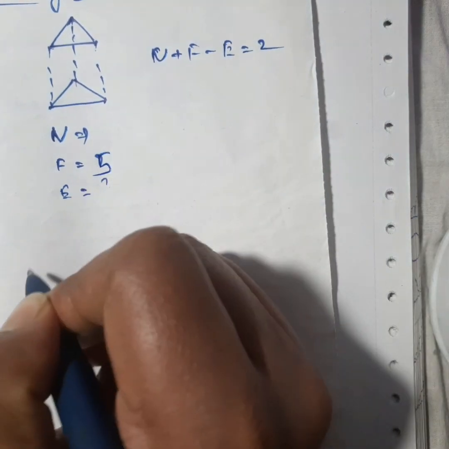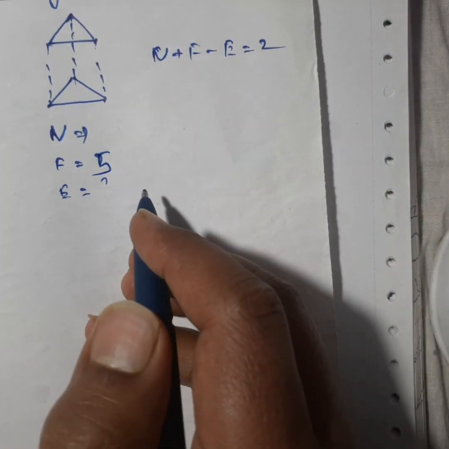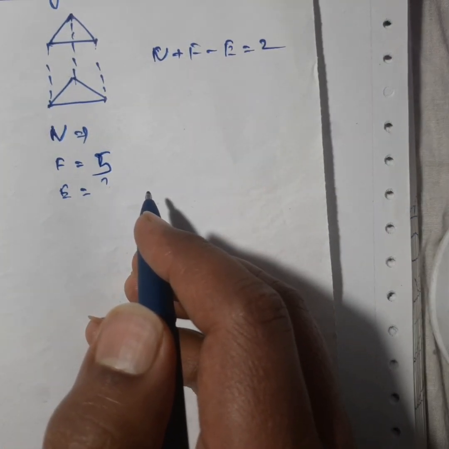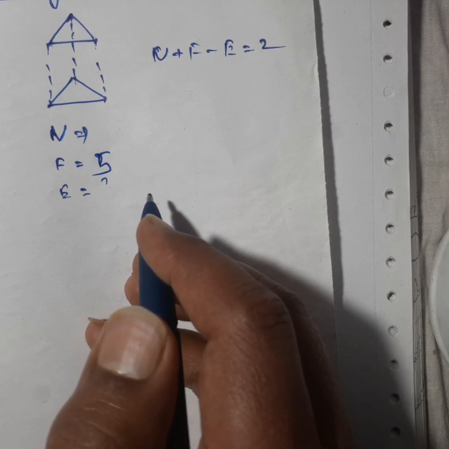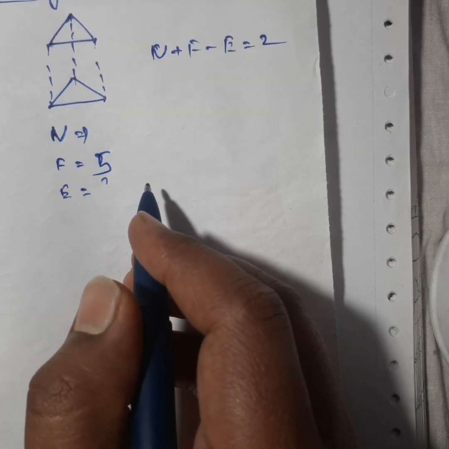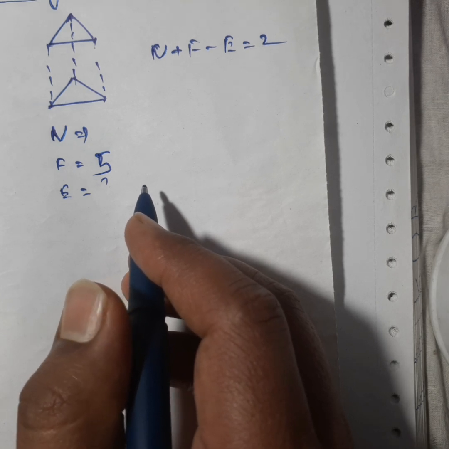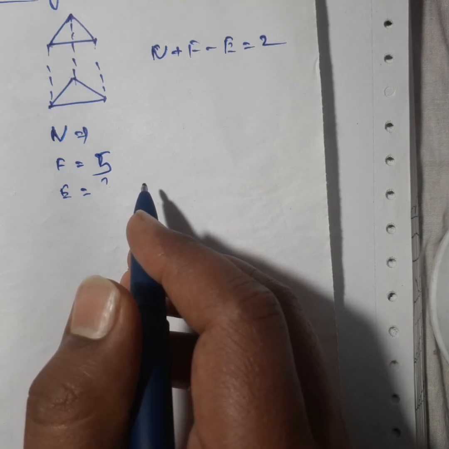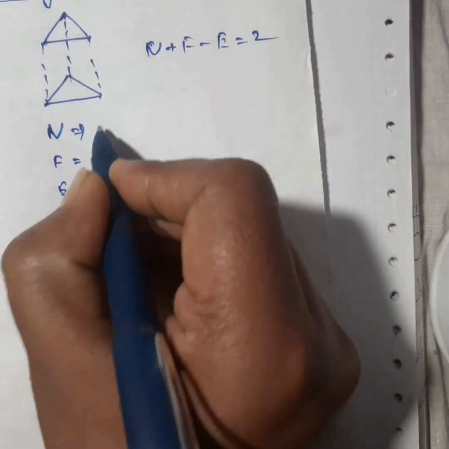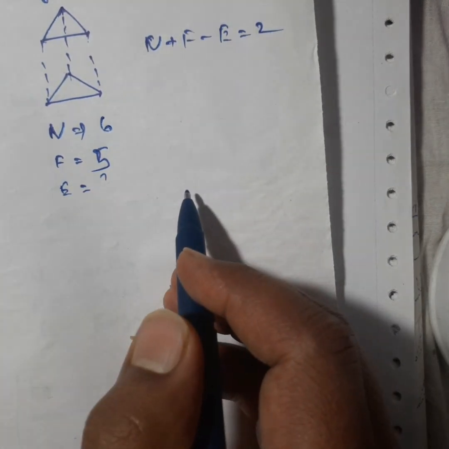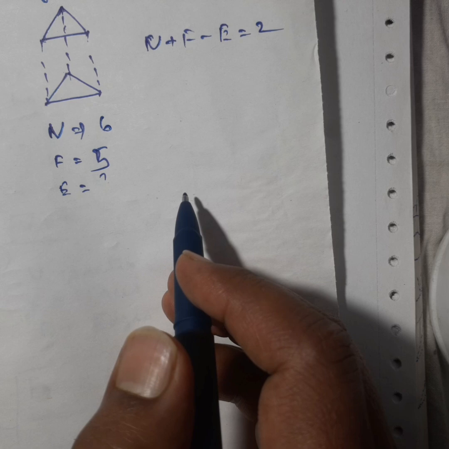So we have 5 faces. And let's say the number of vertices of this prism is 6.